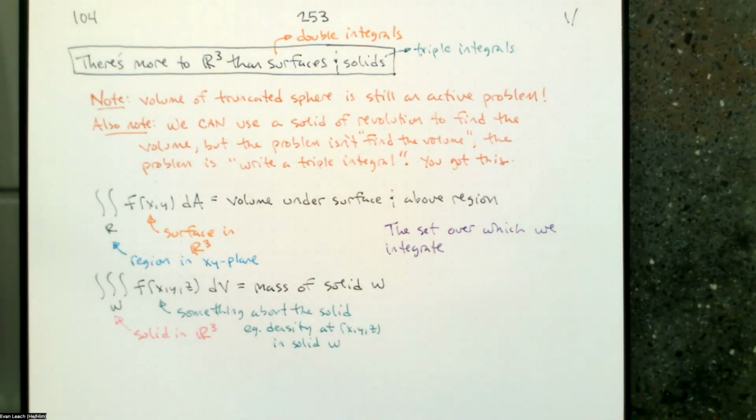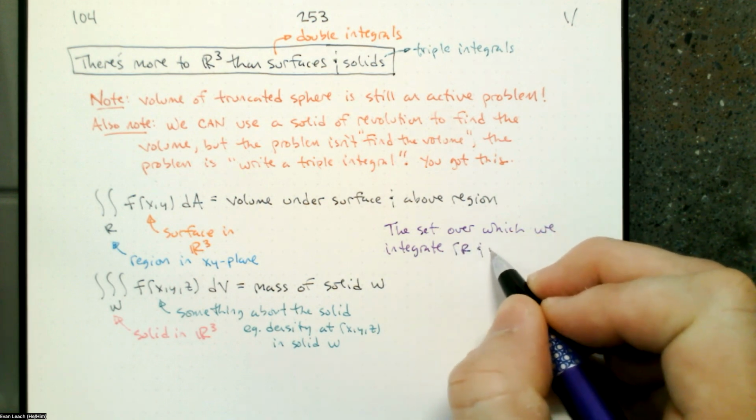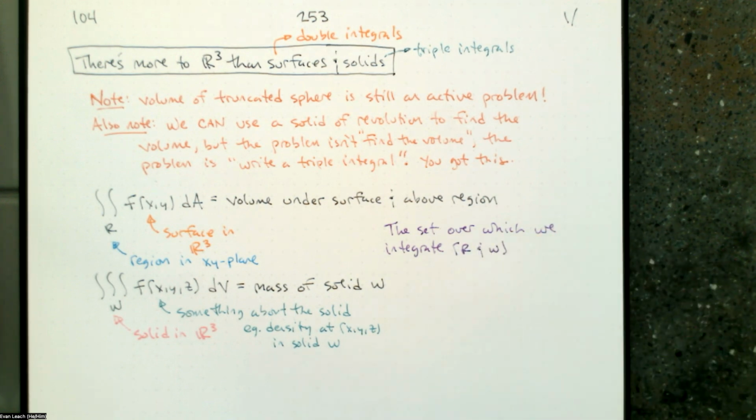The set over which we integrate, in these two cases, the R and the W, is just the points that we're going to be plugging into the expression that we're integrating.